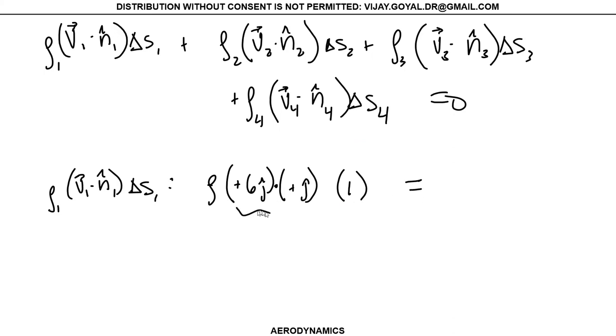So this dot product gives you 6. So this gives you 6 times rho.